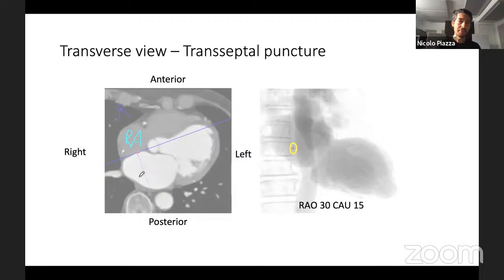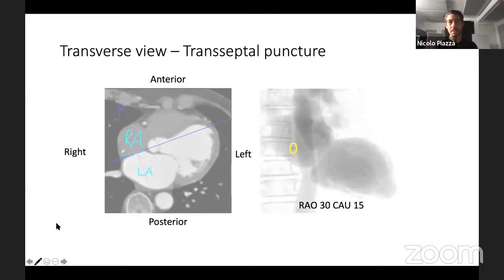You have the left atrium here. And of course, you have the atrial septum there. Now, what I've done is I've oriented what's anterior, posterior, right and left based on the attitudinal description of the heart, more or less.